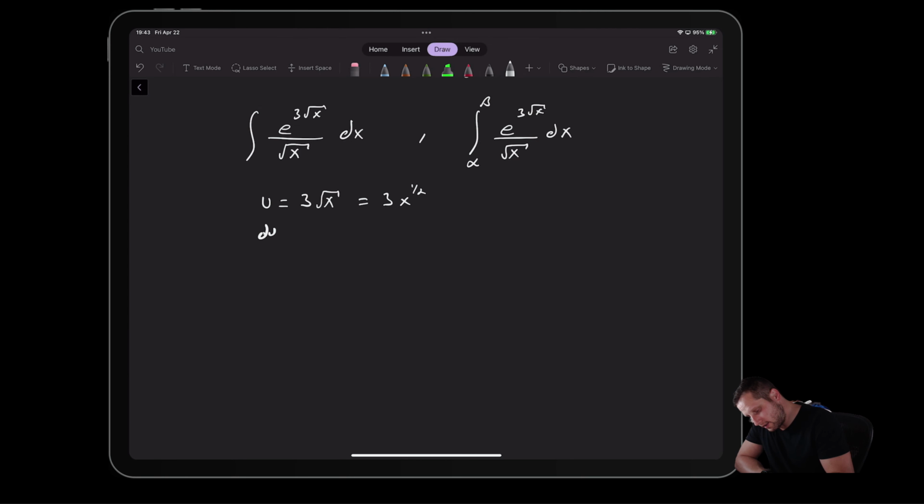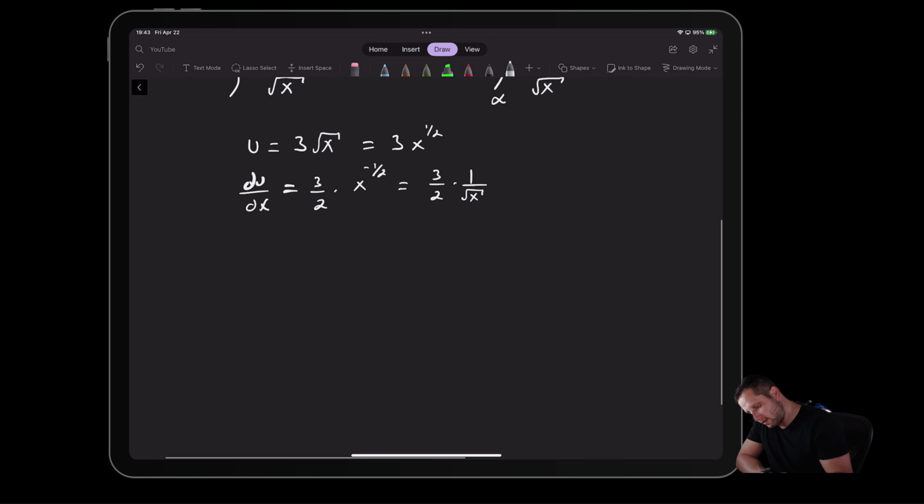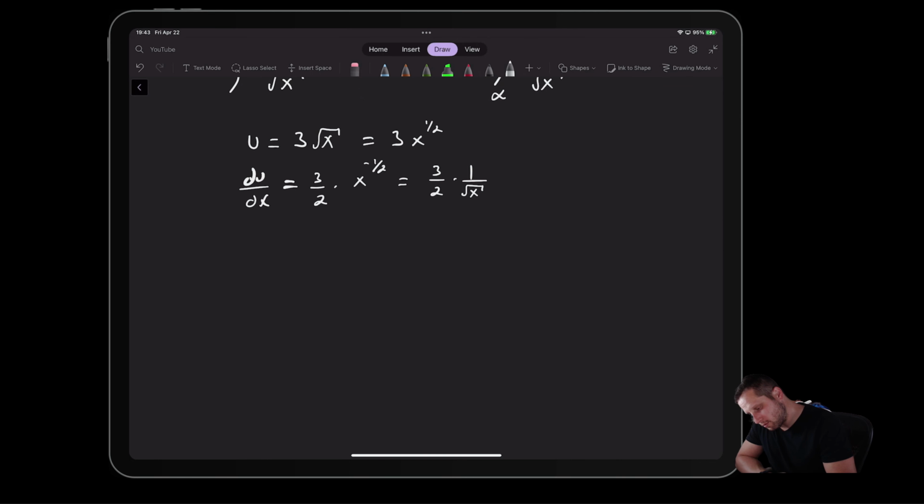Then we're going to say du dx is equal to 3 over 2 times x to the negative 1/2, which is the same as 3 over 2 times 1 over square root of x. So then we are going to multiply both sides by this dx, okay?